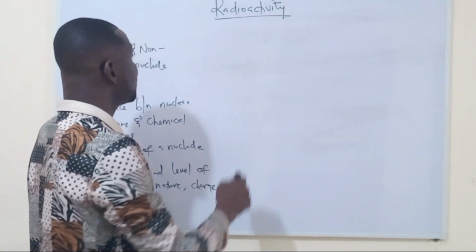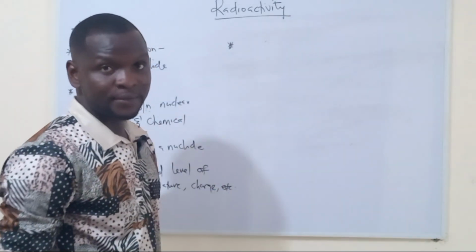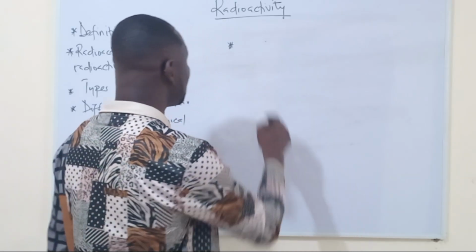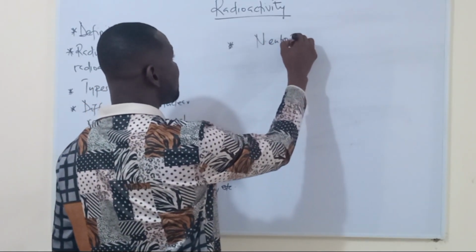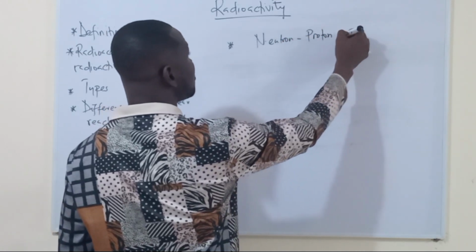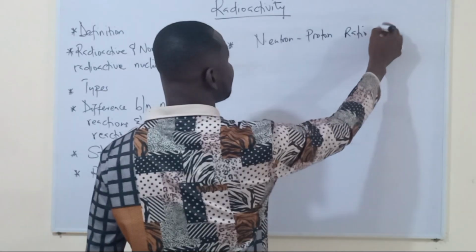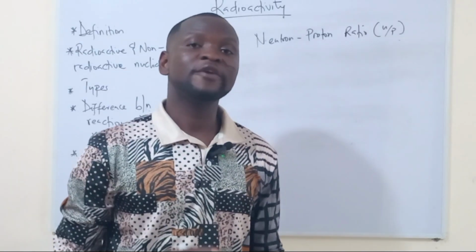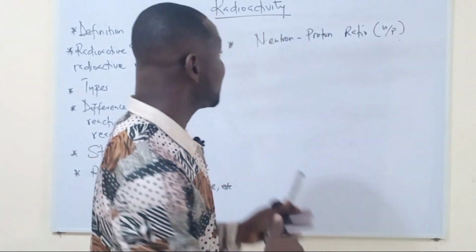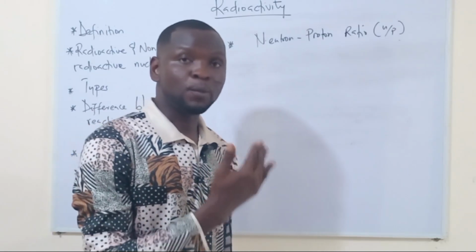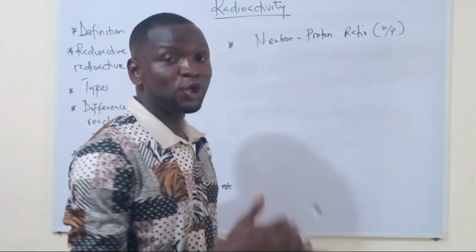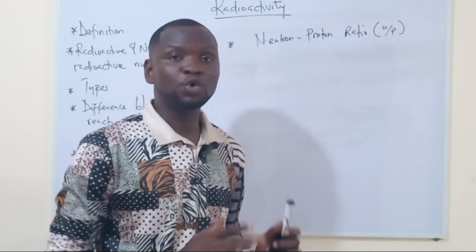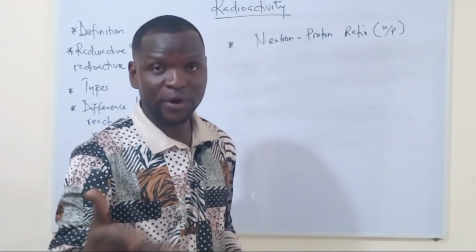Now, we said we are trying to check if the element is radioactive or not, so we are using the neutron-proton ratio. In using the neutron-proton ratio, if you have an element with atomic number ranging from 1 to 20, and their neutron-proton ratio is 1.0 or 1:1, we say that those particular nuclides are non-radioactive.